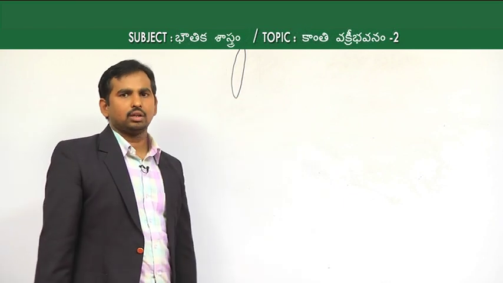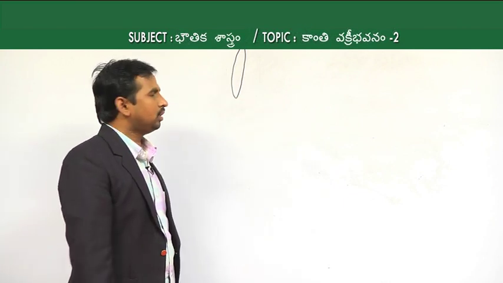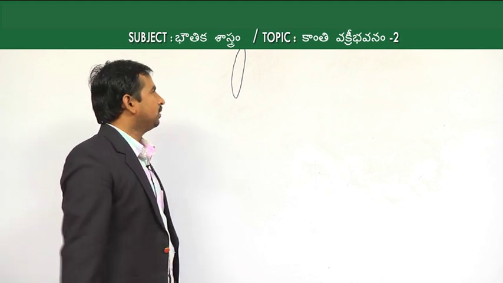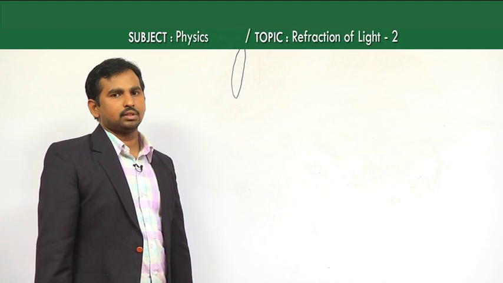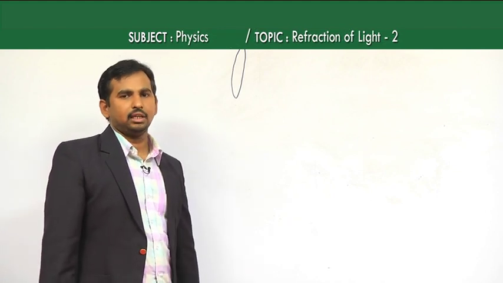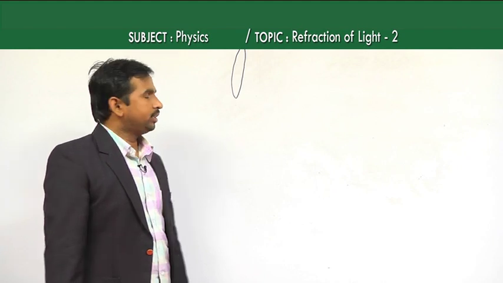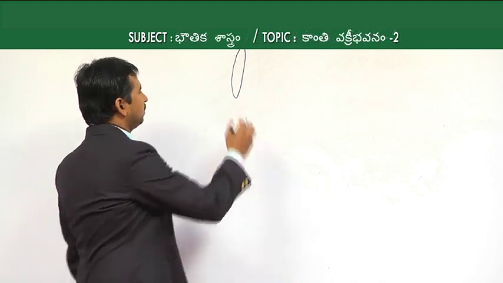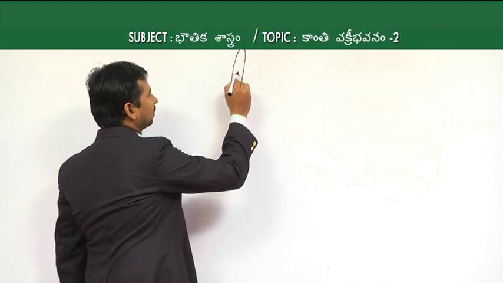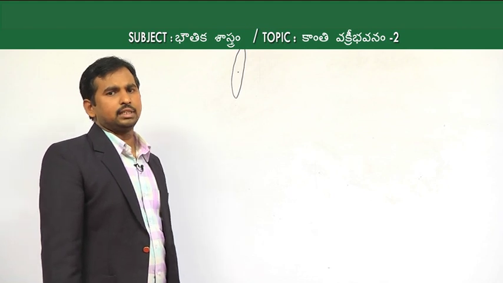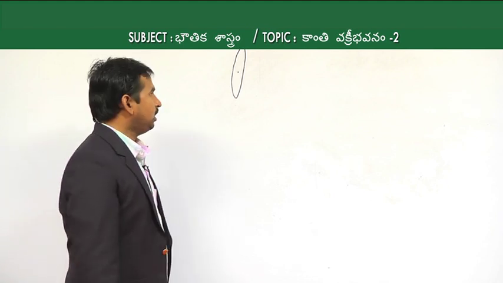Okay. Now, we will see some of the important definitions for this lens. You can take a convex lens or a concave lens, any of that. The first important one is, just like the previous case of spherical mirrors, here also we have a midpoint for the lens. That geometrical center or the midpoint of the lens, this point, we call the optic center, or the center of the lens.